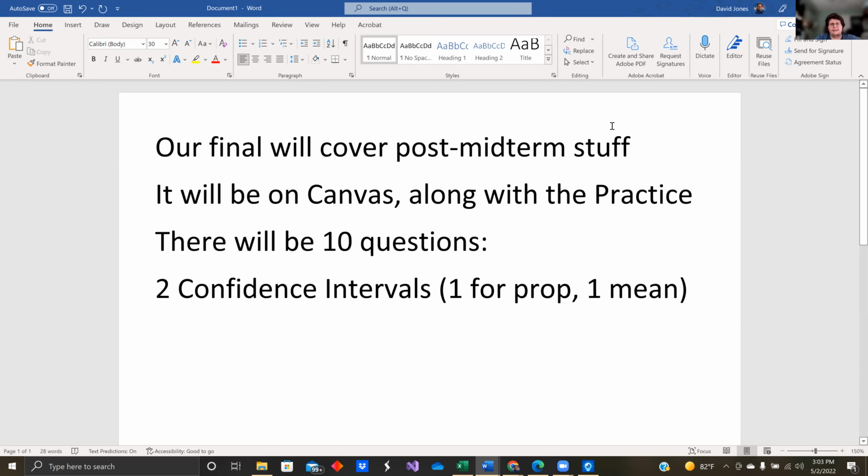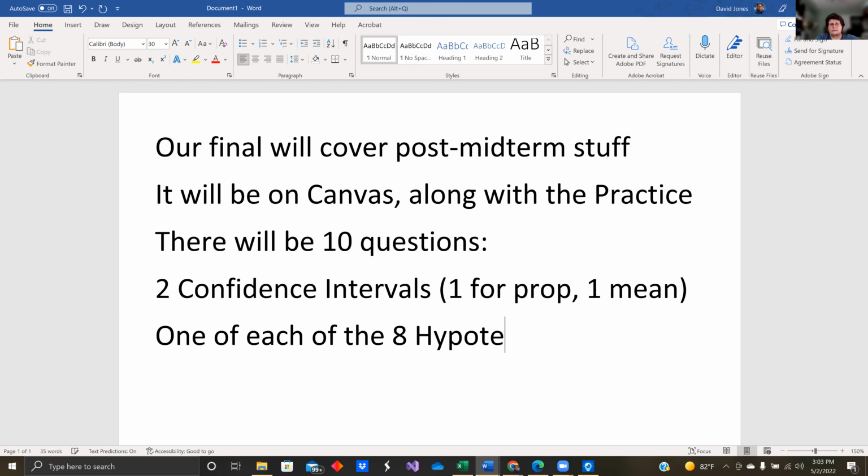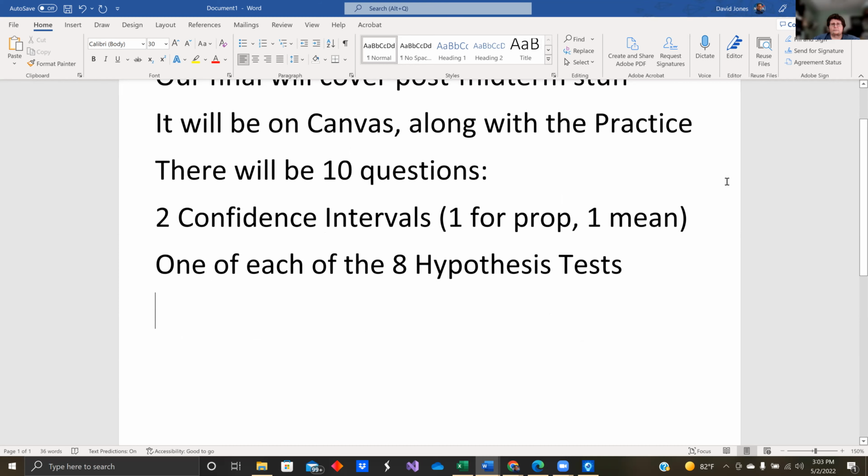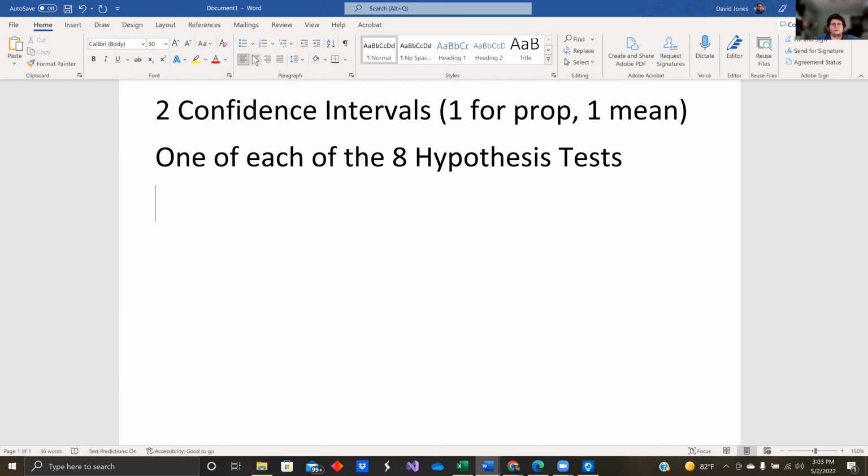And we have done 8 hypothesis tests. So 1 of each of the 8 hypothesis tests that we've done. Maybe I'll start bulleting these.